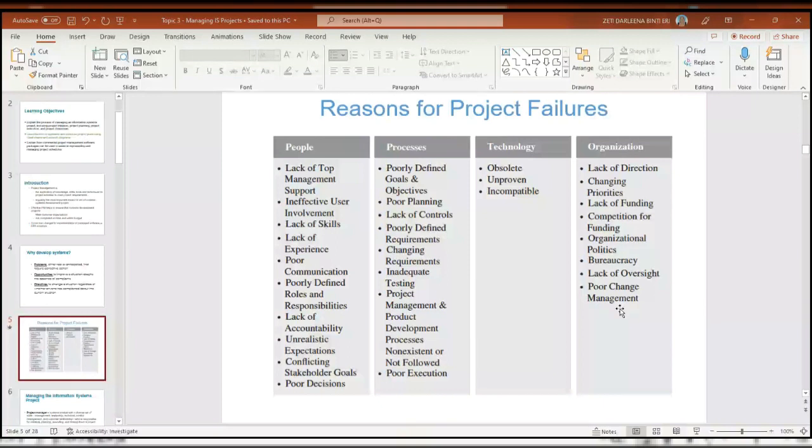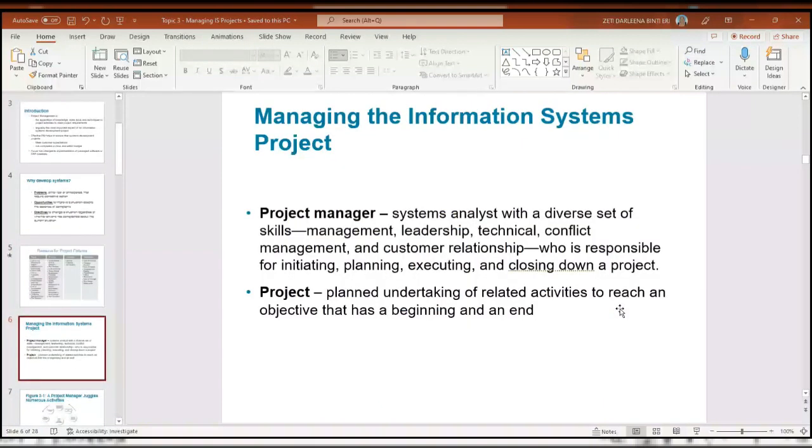Next, in managing project information, there is personnel, which we call the project manager. So the term project manager could be a system analyst. System analyst is a position in the IT industry, with some experience.